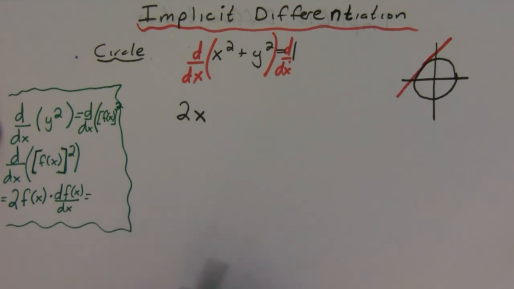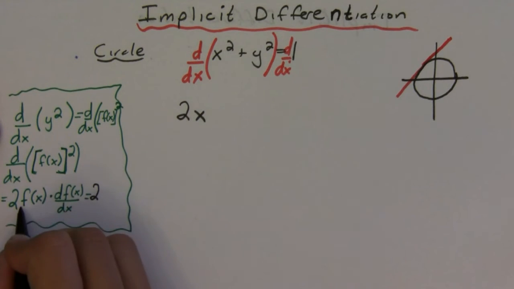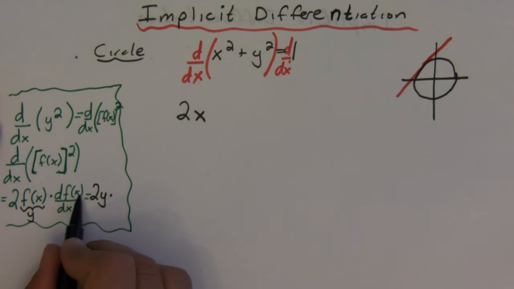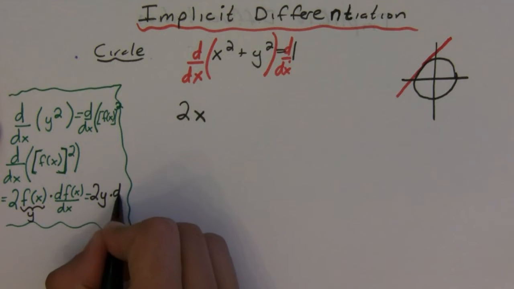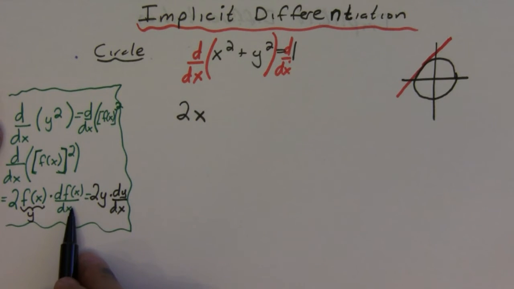And now if we rewrite it in a slightly different notation, we can write it as 2, now instead of f of x we'll put y, and instead of df of x over dx we'll put dy over dx. Different notation, but they mean the same thing.